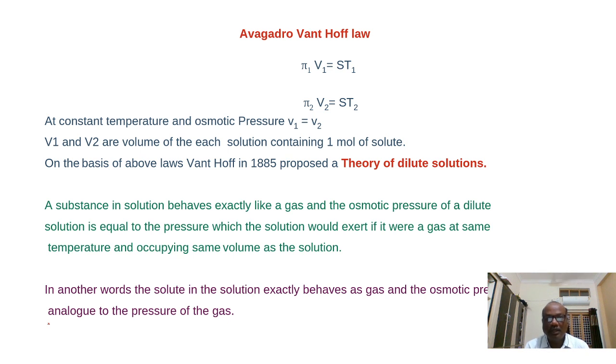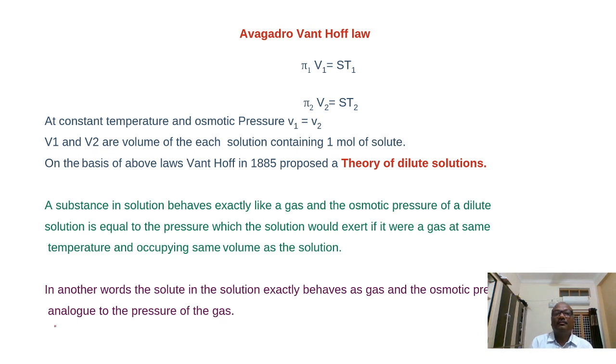Equal volumes of two or more gases present under the same conditions of temperature and pressure will have the same number of moles. Volume should be same, pressure should be same, temperature should be same for two or more gases. If these conditions are satisfied, in the case of ideal gas, the number of molecules or moles will also be the same.